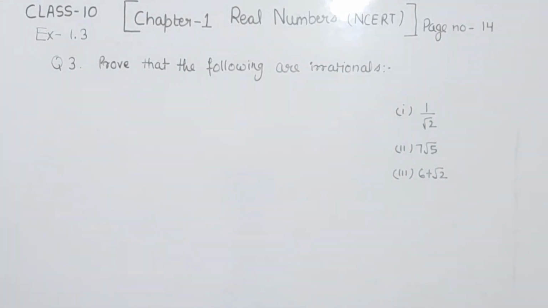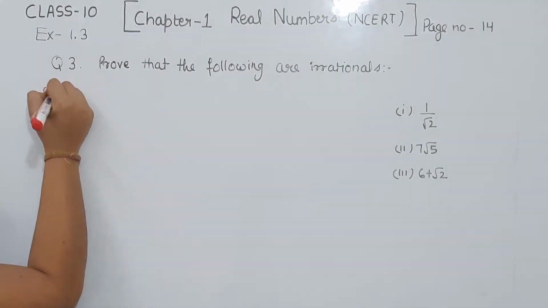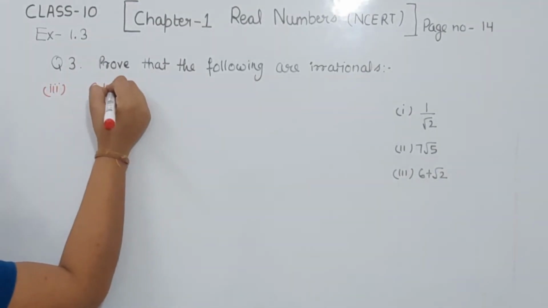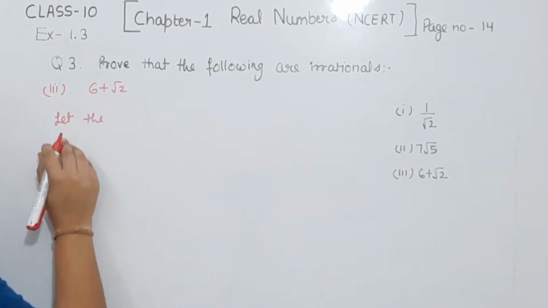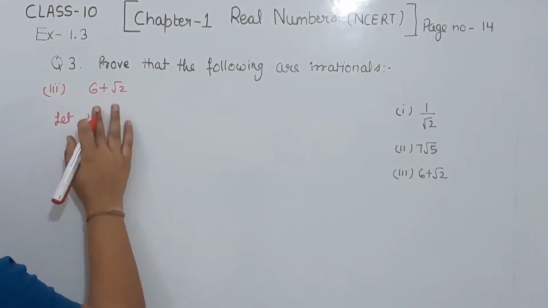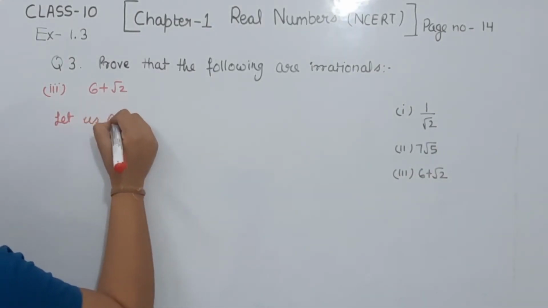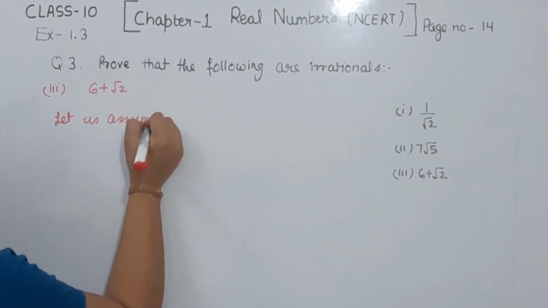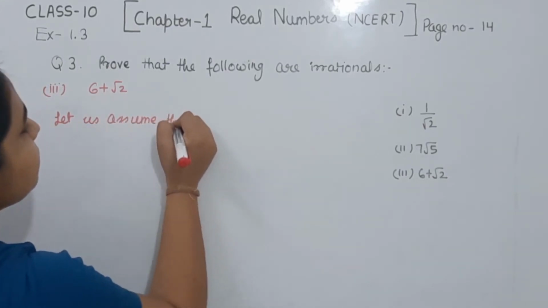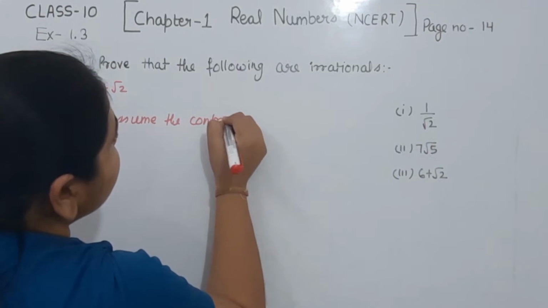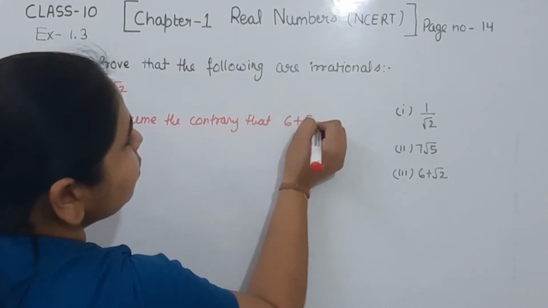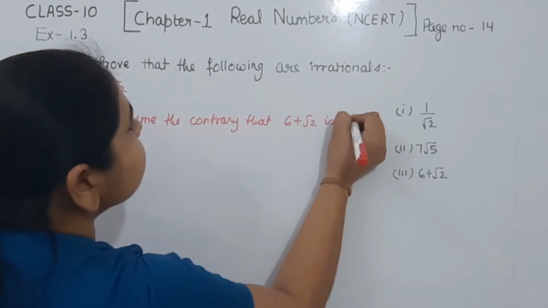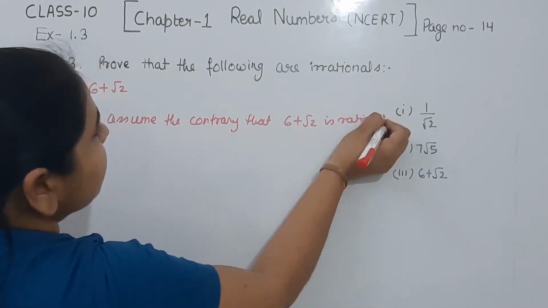Now comes the last part, part 3, which is 6 plus root 2. We assume the opposite of what is given. Let us assume the contrary, that 6 plus root 2 is rational.